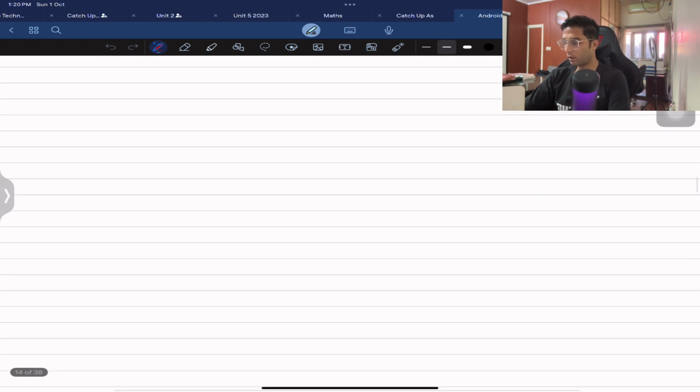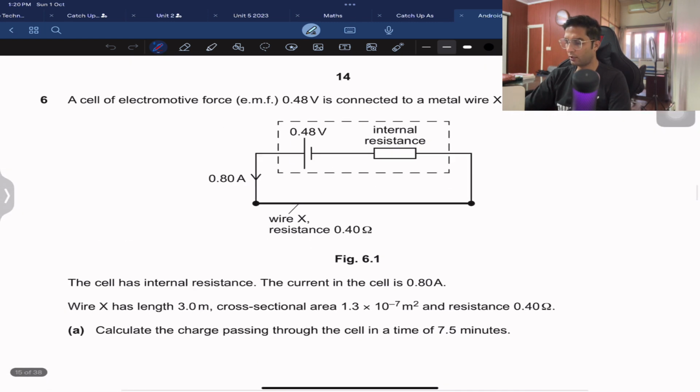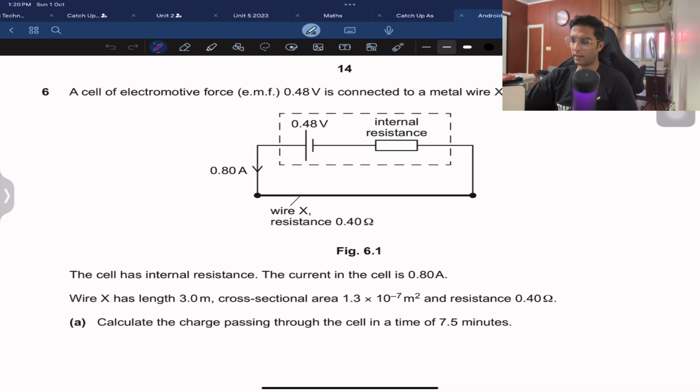In this question, initially there is a wire X, which has a resistance here. There's internal resistance and voltage.